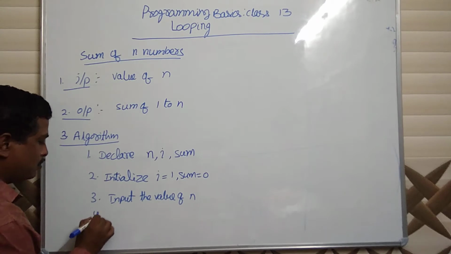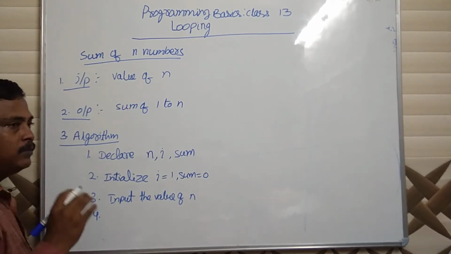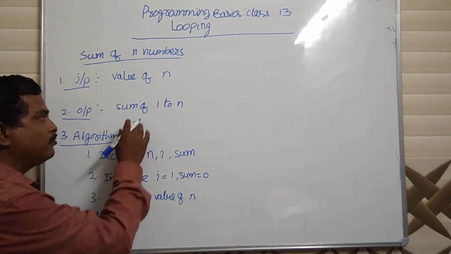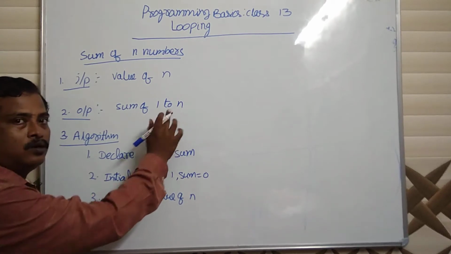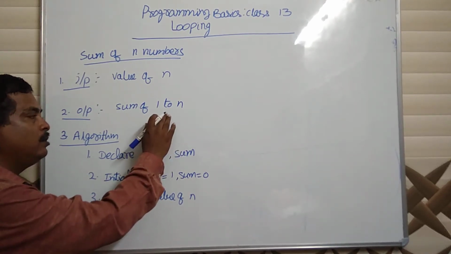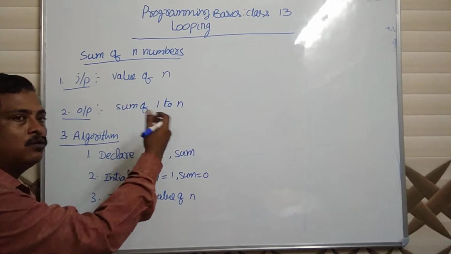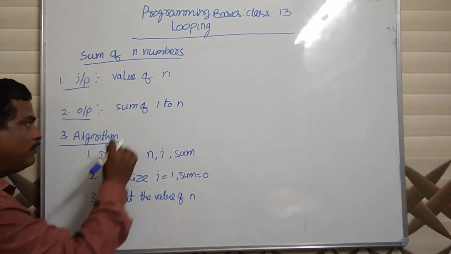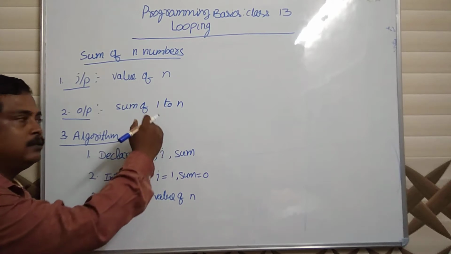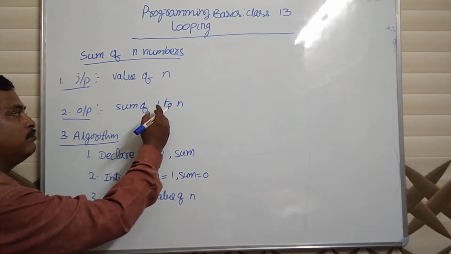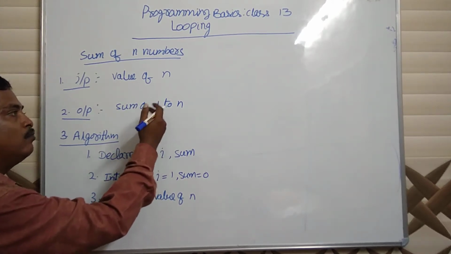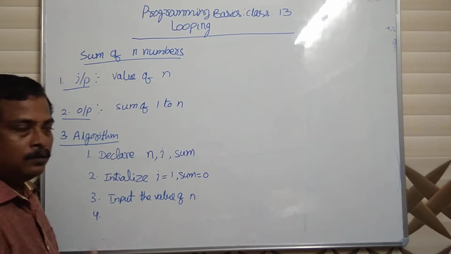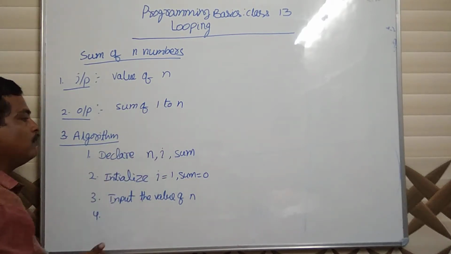Now step 4, we can calculate the sum in two ways: by applying the formula n into n plus 1 by 2, or else by adding from 1 to that number sequentially. So I will take the second one. I will calculate the sum by adding 1 by 1 number.